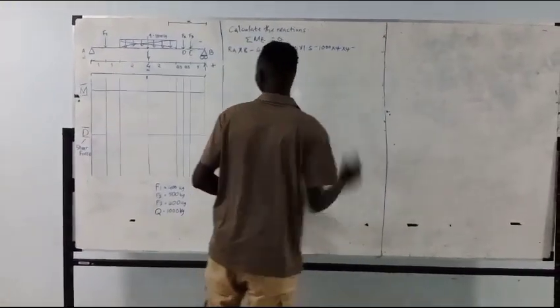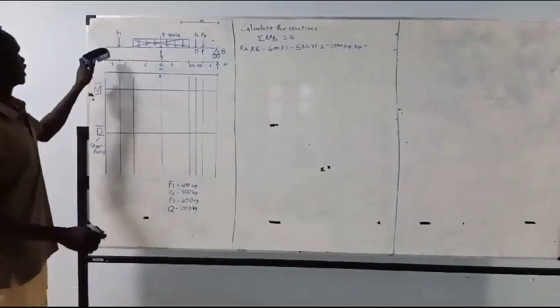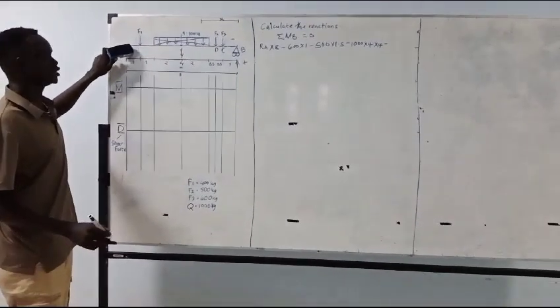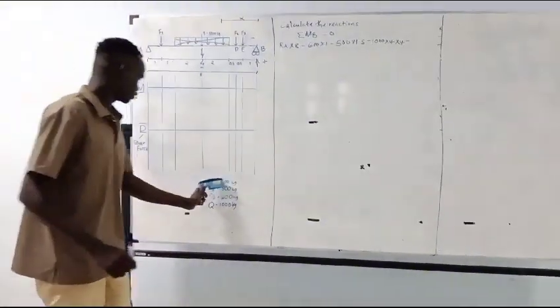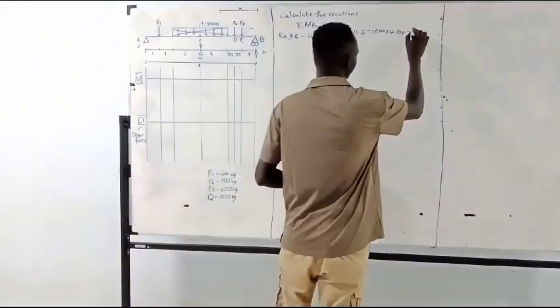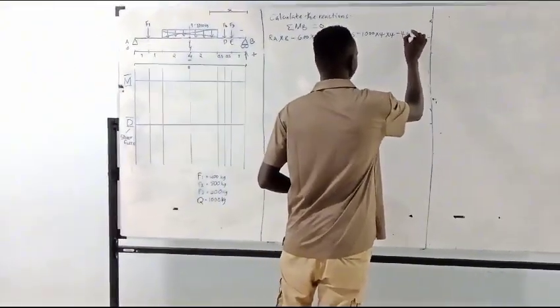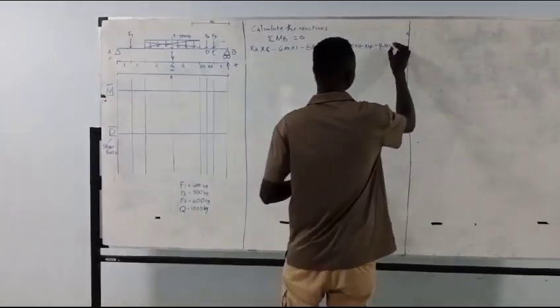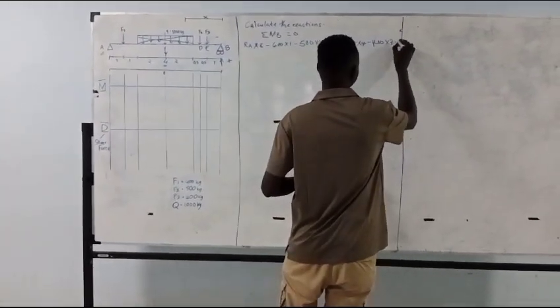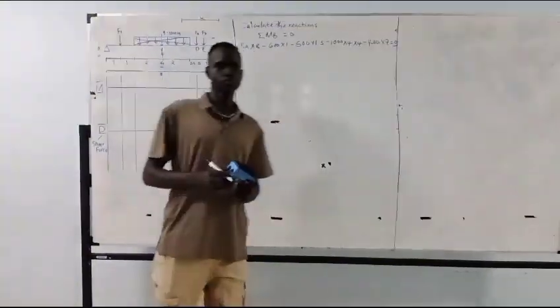Then you continue, minus force 1 at point C, which is 400, times the distance from B to C, which is 7, equal to 0.